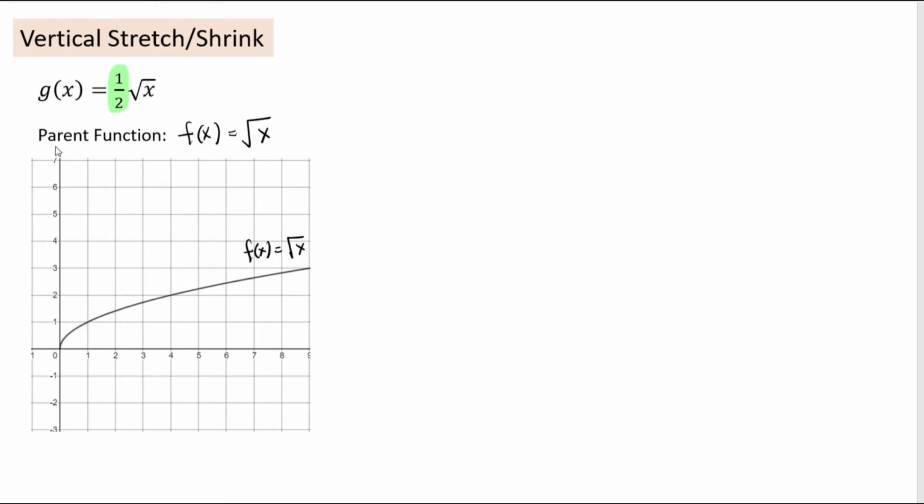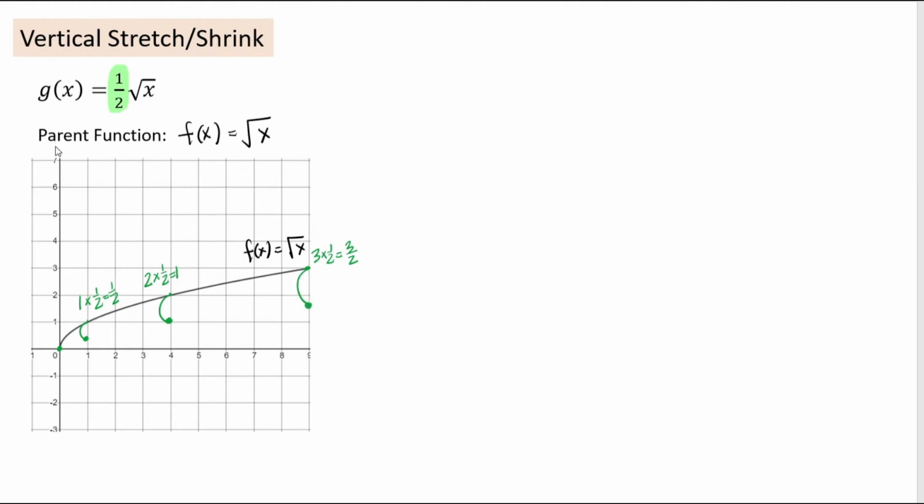So each y value of square root of x is reduced by a factor of 1/2. At the point (1, 1), the y value 1 becomes 1/2. At the point (4, 2), the y value 2 becomes 1, and so on.